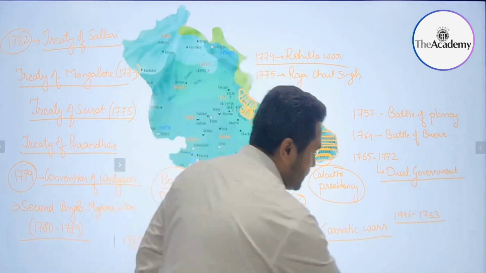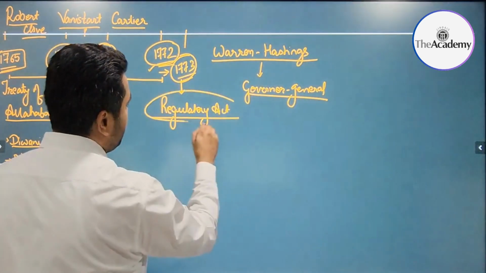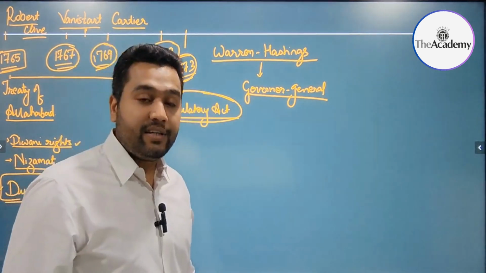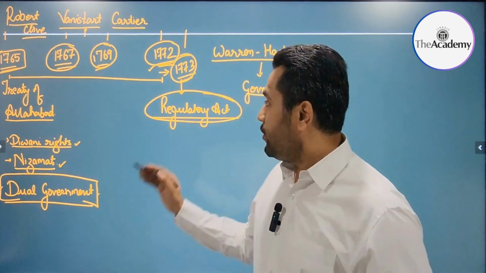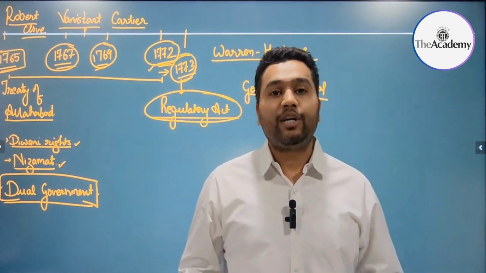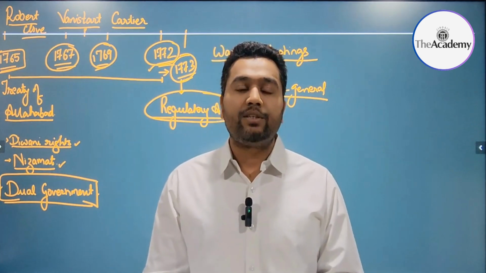So when we talk about the time period of Warren Hastings, there was the Regulating Act of 1773 that was passed, and on the basis of this Act, Warren Hastings brought about administrative reforms such as the revenue settlement system.